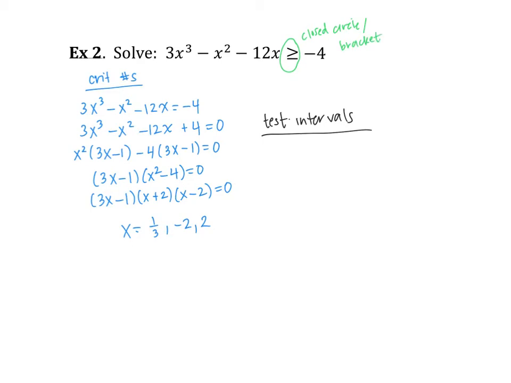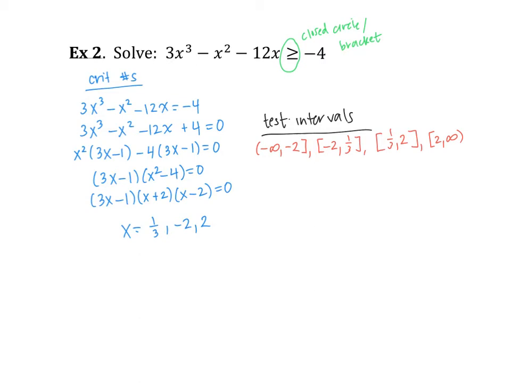So the intervals that might work, from lowest to highest, are negative infinity to my lowest critical number, which is -2. It might be from -2 to my next lowest, 1/3. It might be 1/3 to 2. And it might be from 2 to infinity. Since there are 3 critical numbers, there are 4 test intervals.